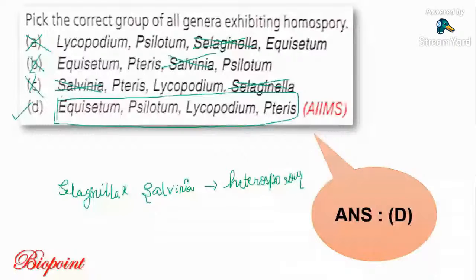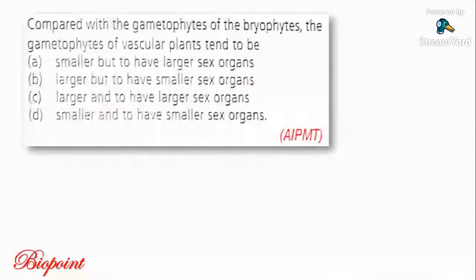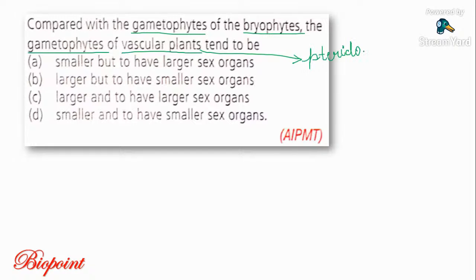Next, question number 17. Compared to the gametophytes of the bryophytes, the gametophytes of the vascular plants. What do you mean by vascular plants? Pteridophytes. Vascular plants are the pteridophytes. So, compared to bryophytes, what is the speciality of the gametophytes of the pteridophytes?